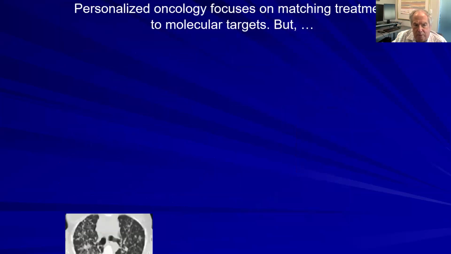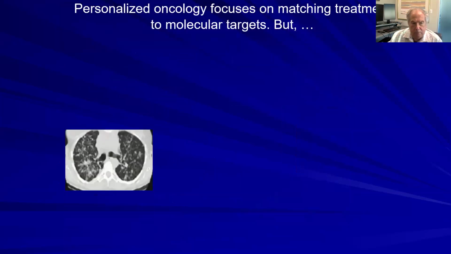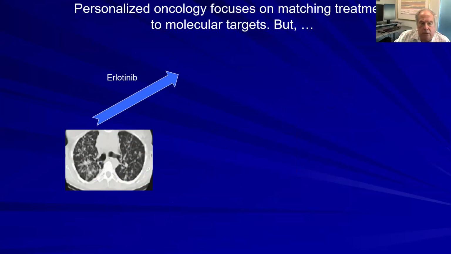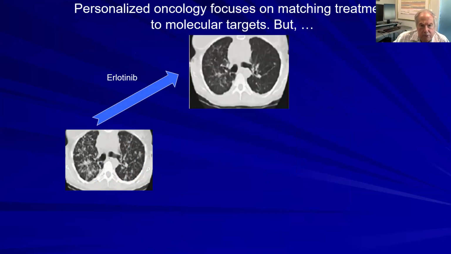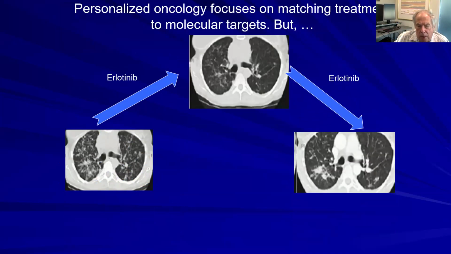The basic problem is this, and I don't have to, I think, sell this to anybody. This is a case of metastatic lung cancer treated with a targeted agent, lorlatinib, with a very effective response. But as the treatment continues, you get progression and treatment failure.